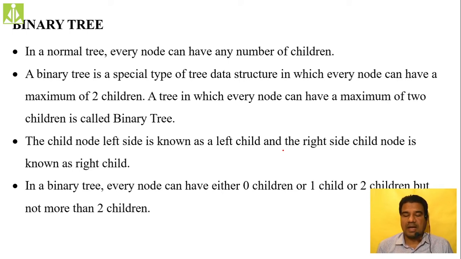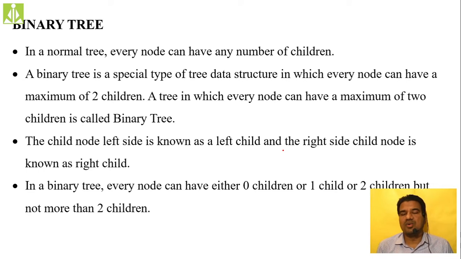But a binary tree is a special type of tree. It is not a normal tree. It is a special type of tree in which every node can have a maximum of two children. There is a limitation on the child count.